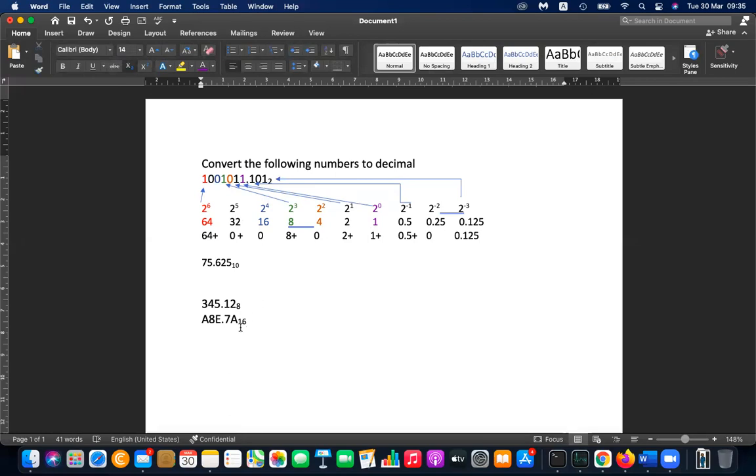All right. So the second one, just write the values. I'm going to write the values directly. 3 into 8 to the power 0, 8 to the power 1, and 8 to the power 2. This is 64.